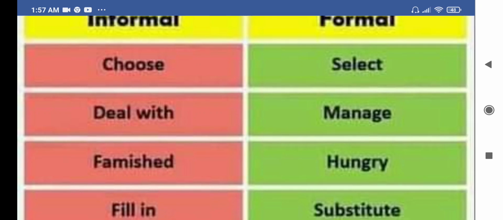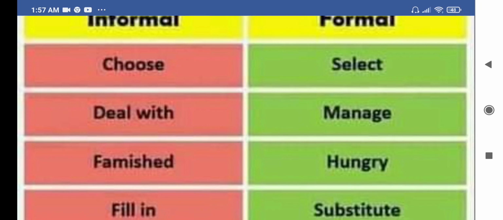Next word, deal with versus manage. So both of the words may have a common meaning, but their outlook is different. Deal with.